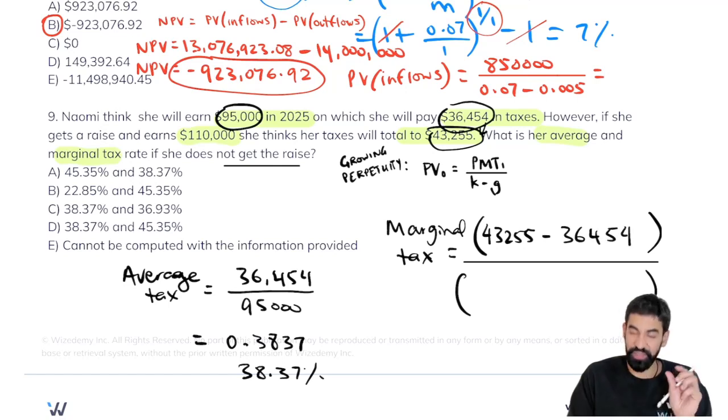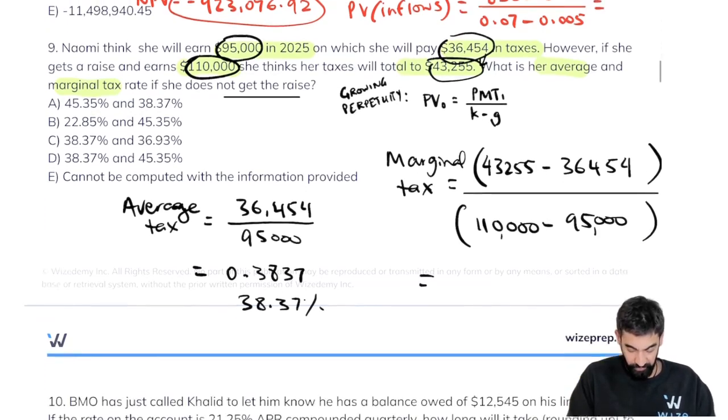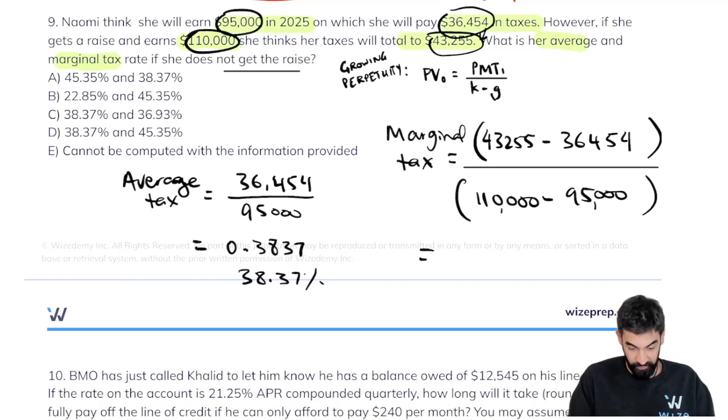I want to see what is the change in the taxes, how much additional taxes you have to pay, divided by how much your income increases by. From 95 to 110,000, it's increasing by 15,000. This would give me 0.4534. If you times it by 100, it's 45.34%. Or they just rounded to 45.35, so that's D.